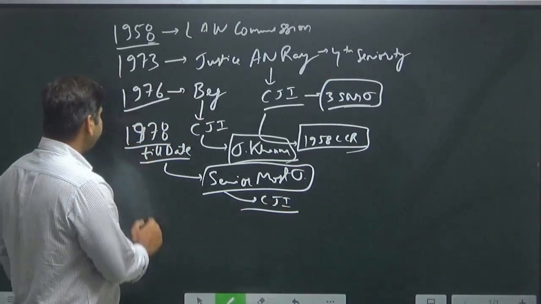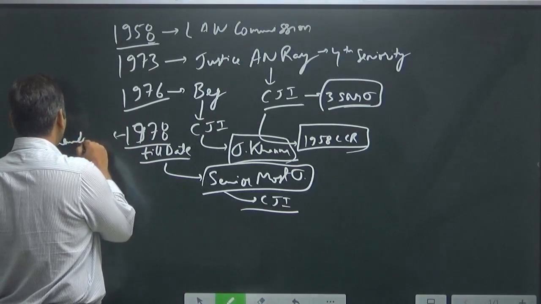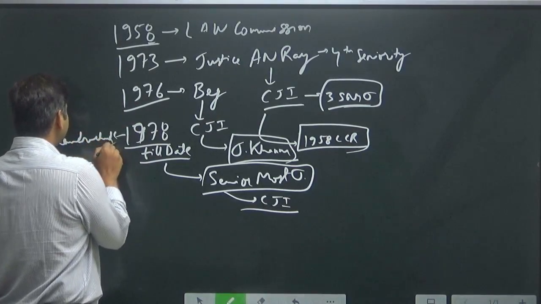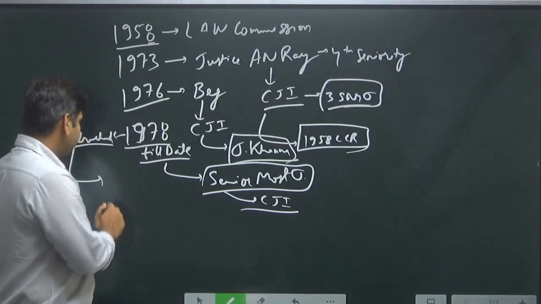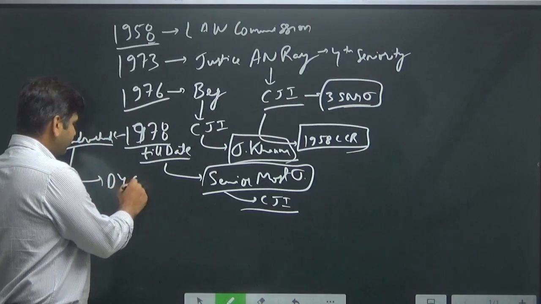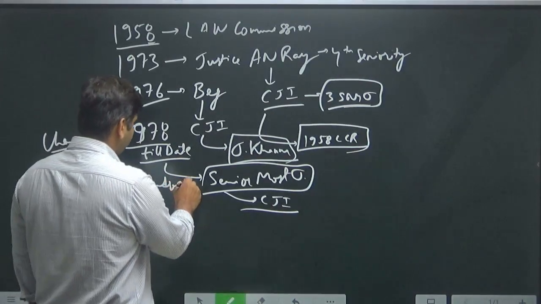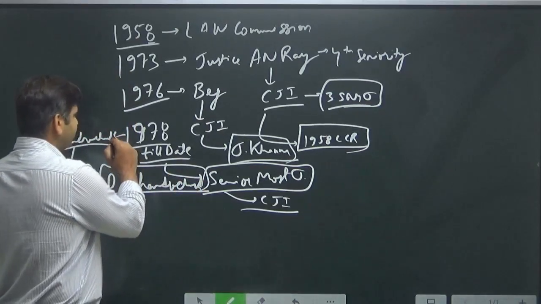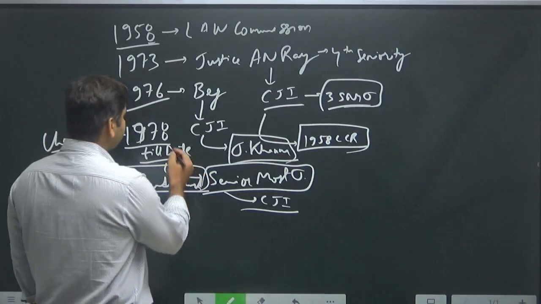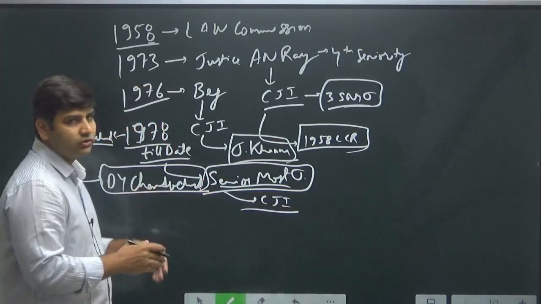In 1978, Justice Chandrachud, who was the father of the now Chief Justice of India, D.Y. Chandrachud, became the Chief Justice because he happened to be the senior most judge at that time, and this process is followed till date.